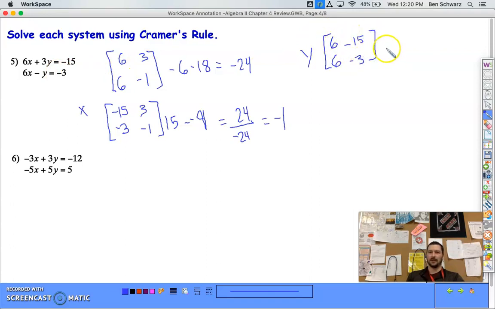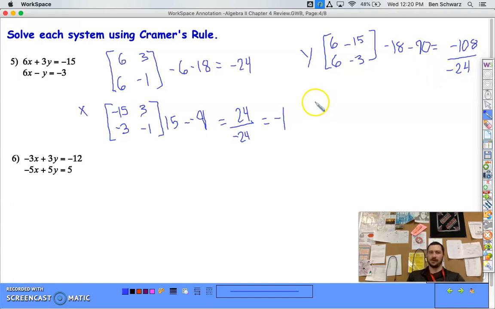So that determinant, we have -18 there. When you take 6 times -3, and then -15 times 6, that would be -90. So that gives us -108 divided by -24.